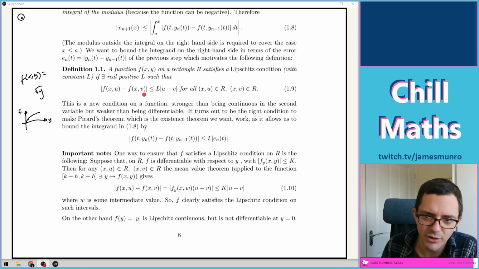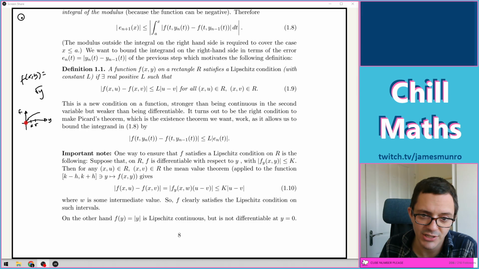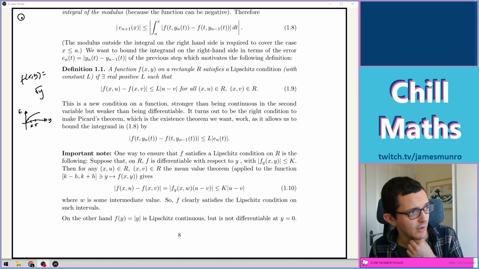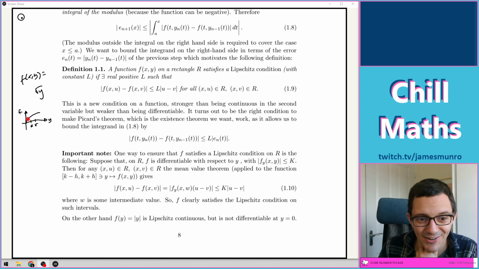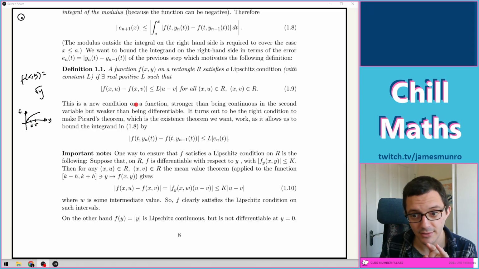There's no number L such that when you put in two values, u and v, the difference is bounded by the difference between those values and a fixed constant L, because if I make u and v very close together but very near the origin, then this function is very steep, and so even if u and v are very close together, the difference between those f values might be much larger than the difference between the u and v values, and there's no real positive L that makes this inequality true for all u's and v's at the same time.